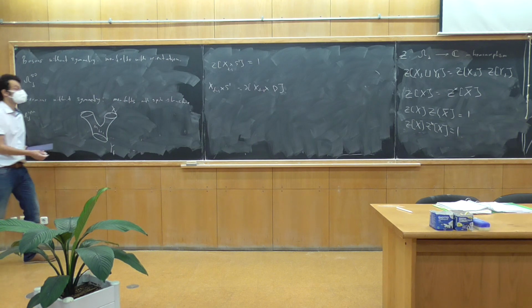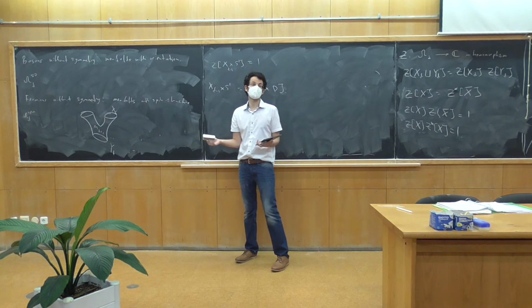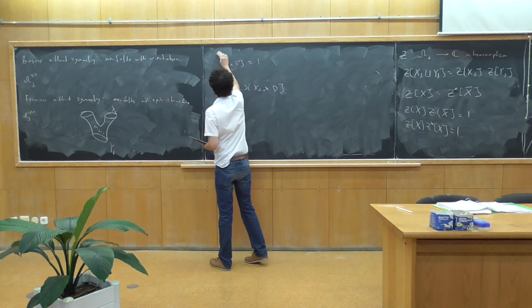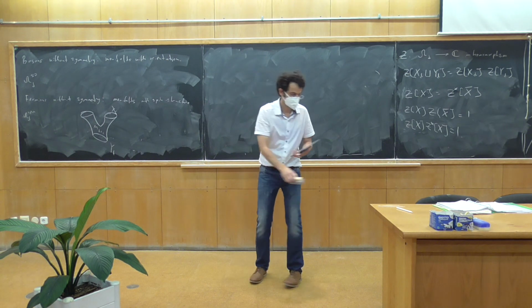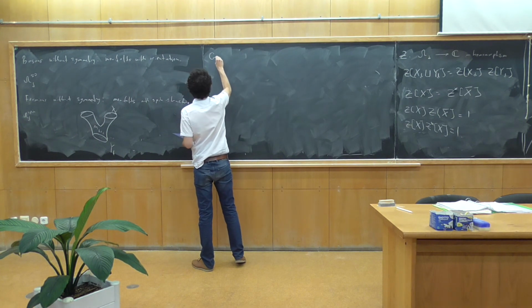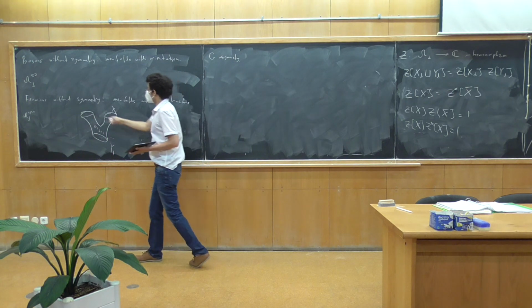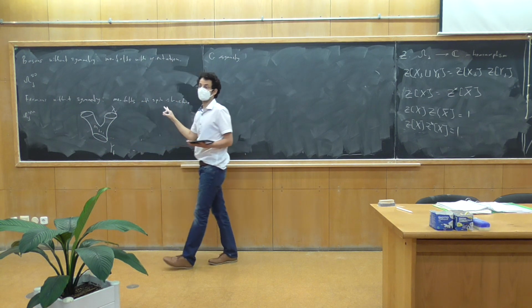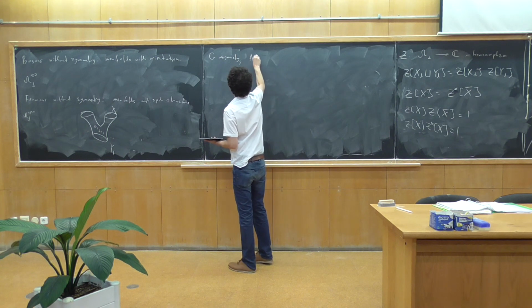What if I am interested in theories with some symmetry group G, which is unitary? Well, I should be able to consider the partition function of the theory in the presence of background G gauge fields.